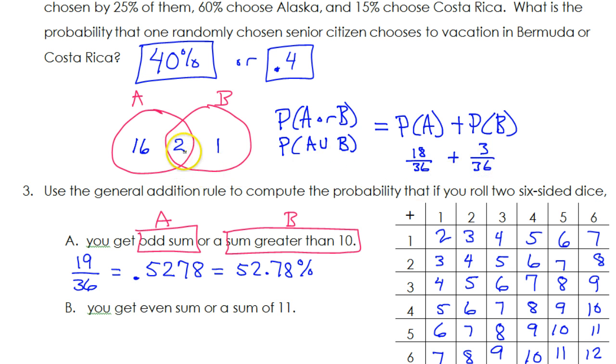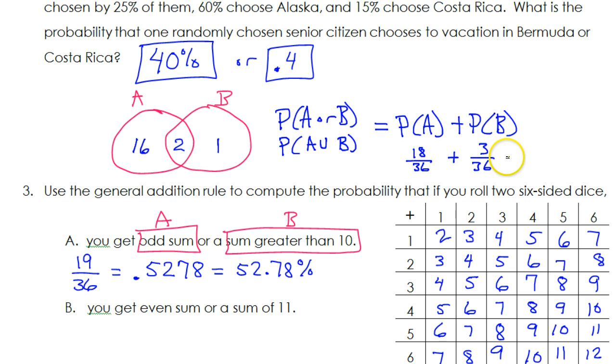But there's a problem. When it's overlapping, you wind up counting the overlapping part twice. We got this 18 by going, we had 16 and 2. And then we got this 3 by going, we got this 1 and this 2. So the 2 got added in twice. It's being double counted. There's only 2 of them, not 4. You can't count it twice.